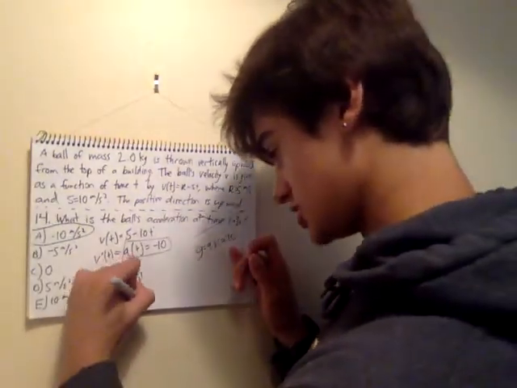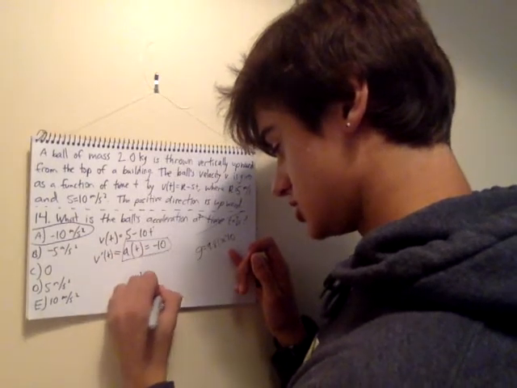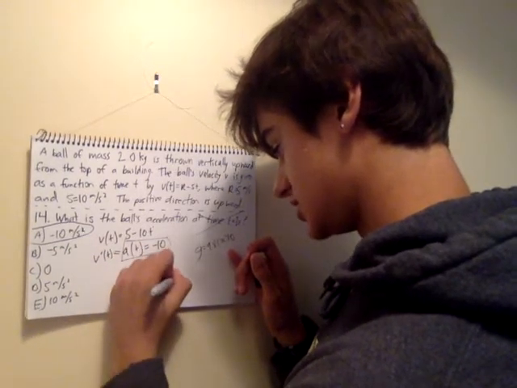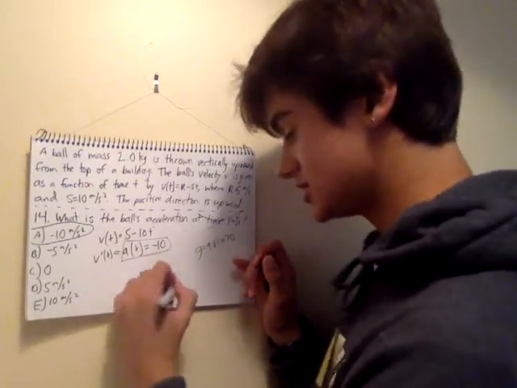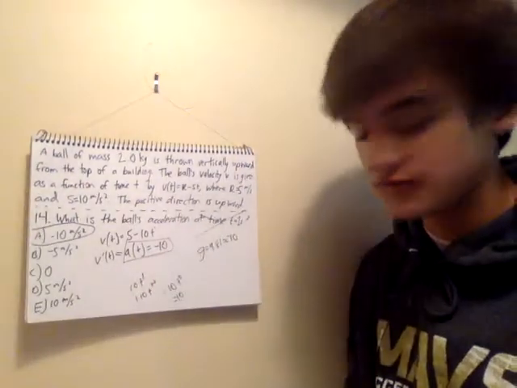So 1 times 10 times t to the 1 minus 1 is equal to 10 times t to the 0, and anything to the 0 is 1, so 10. That's a very easy derivative.